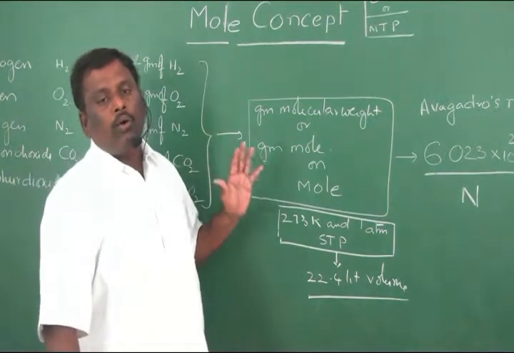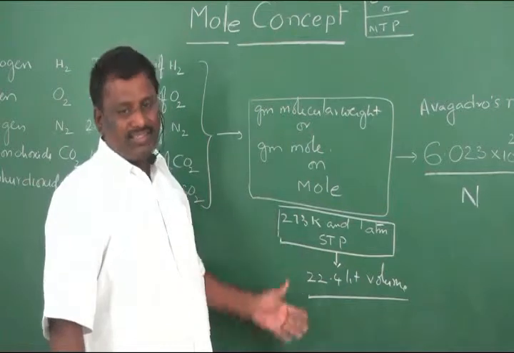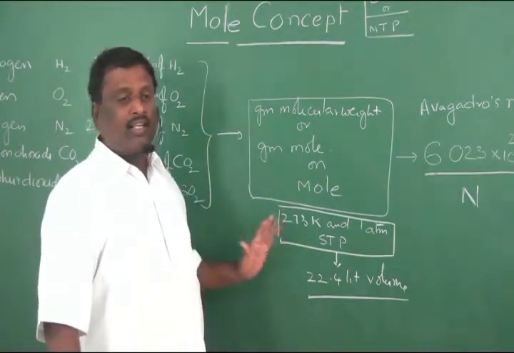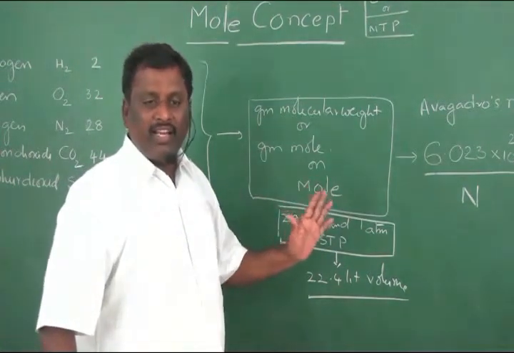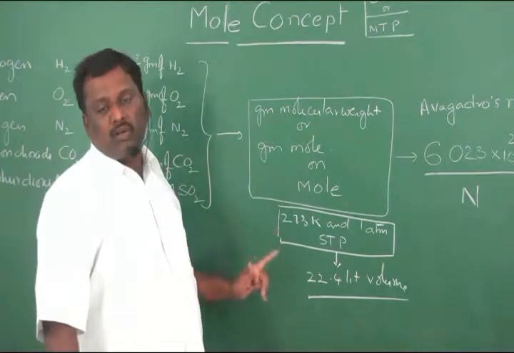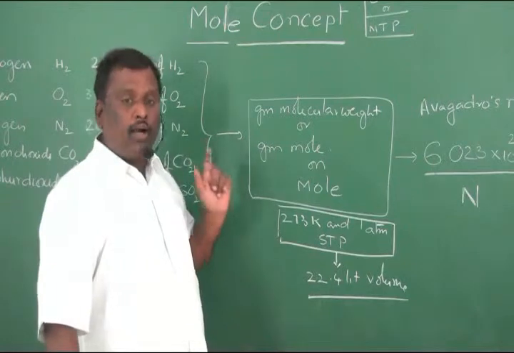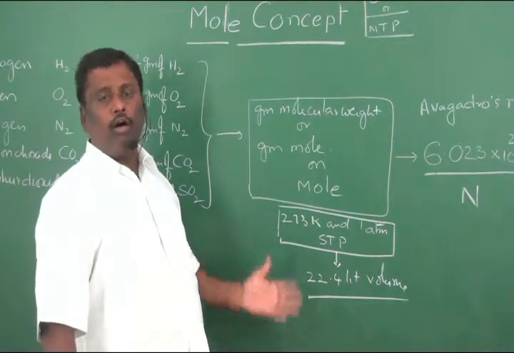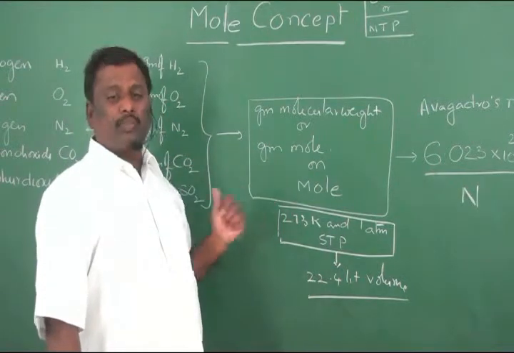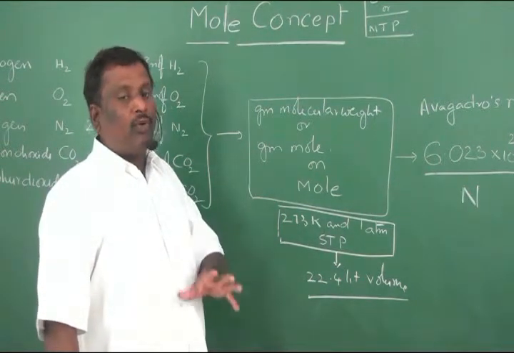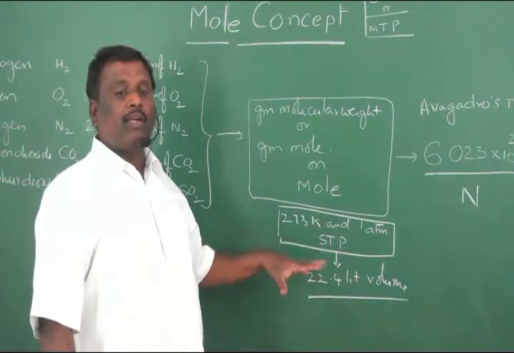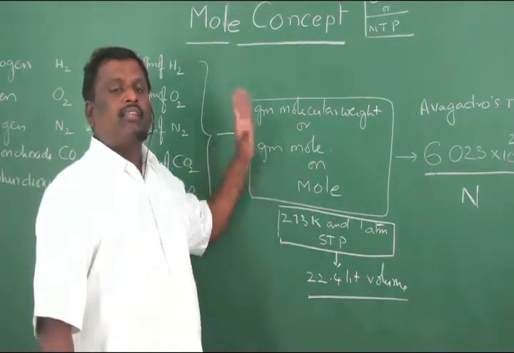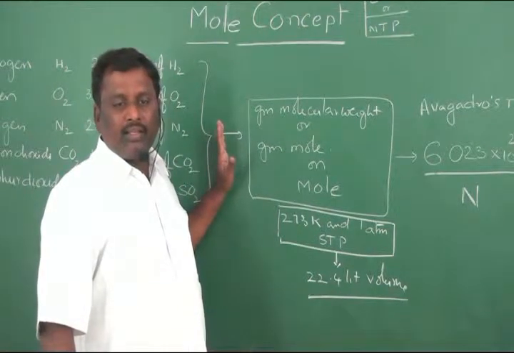gram molar volume. Any substance, if it is in gaseous state at STP conditions, that is 273 K temperature and 1 atmosphere pressure, it will occupy 22.4 liters volume. Or if you kept any gaseous substance in a 22.4 liters volume container at STP conditions, its mass is equal to its gram molecular weight.